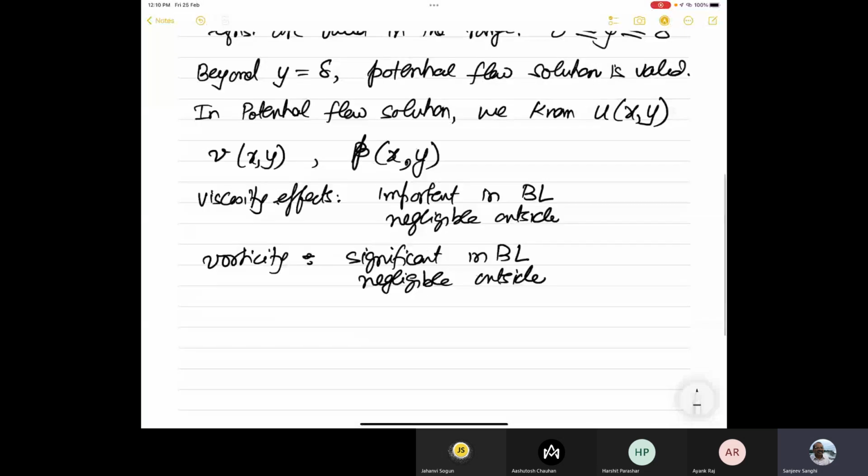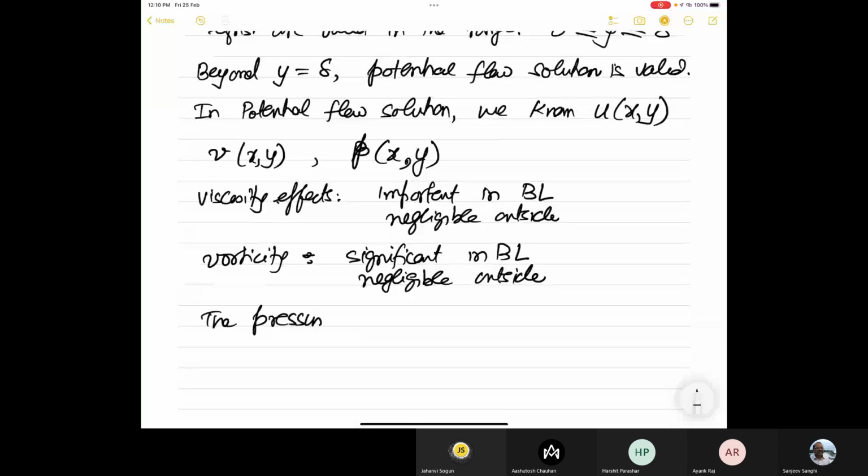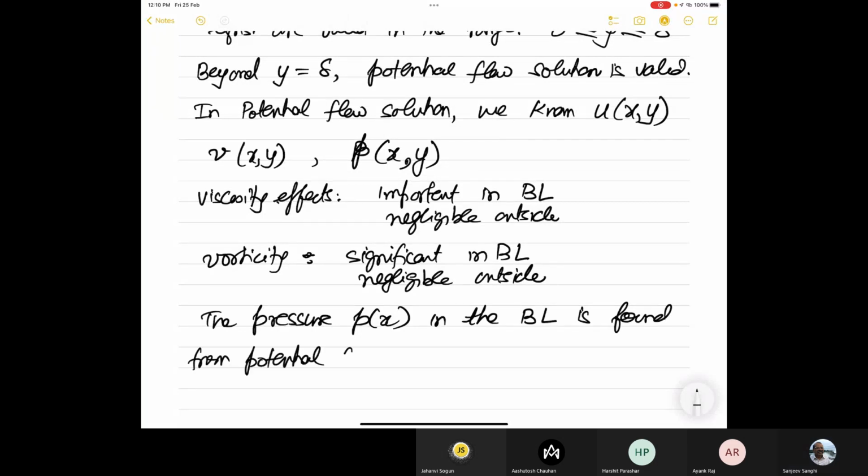And the pressure P of x in the boundary layer is found from potential flow solution of P x, y.